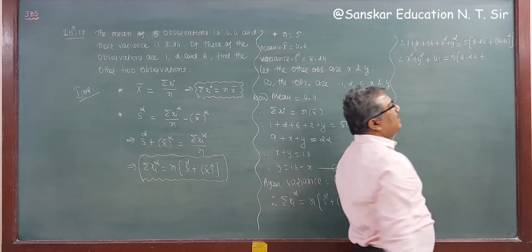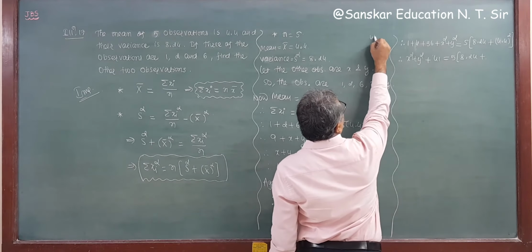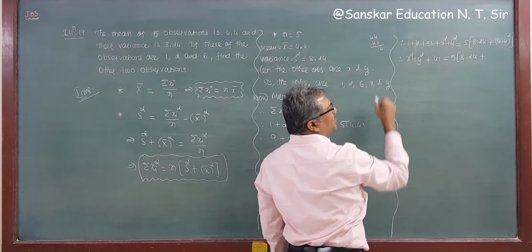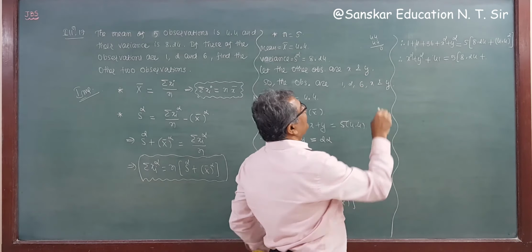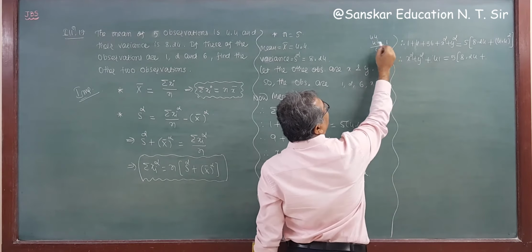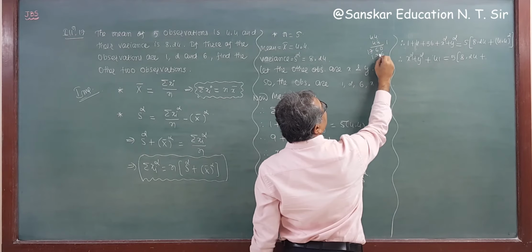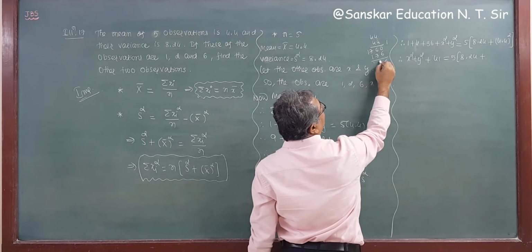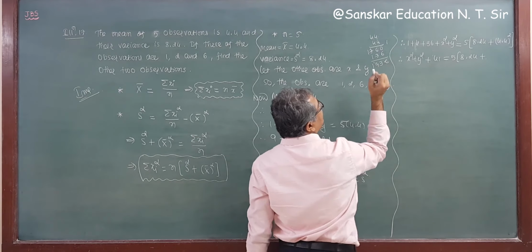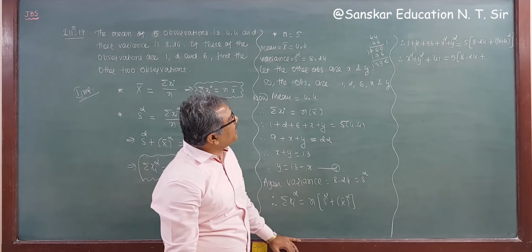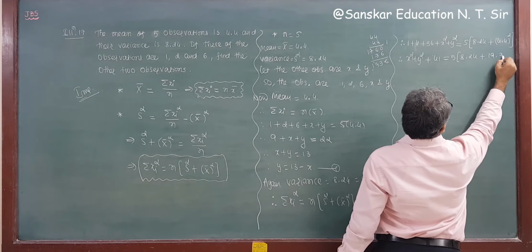So 41 is equal to 5 times (8.24 plus 4.4 square). Calculate 4.4 square if you don't know; you also know how to multiply on the base of 10. So the answer is 19.36.